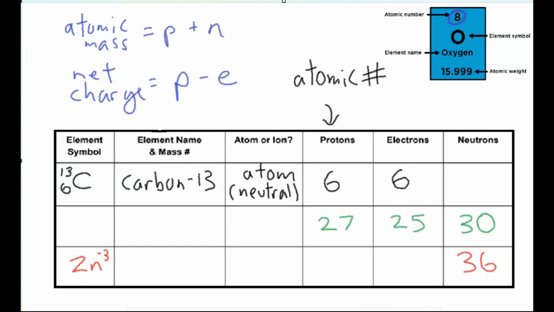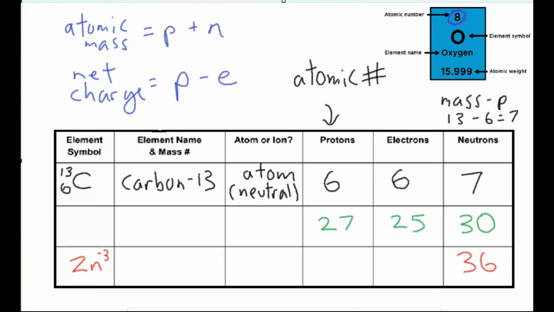And then as far as the neutrons go, because the neutrons are the difference of the atomic mass and the protons, we can take our mass minus the number of protons, which is 13 minus 6, and that would give us 7.